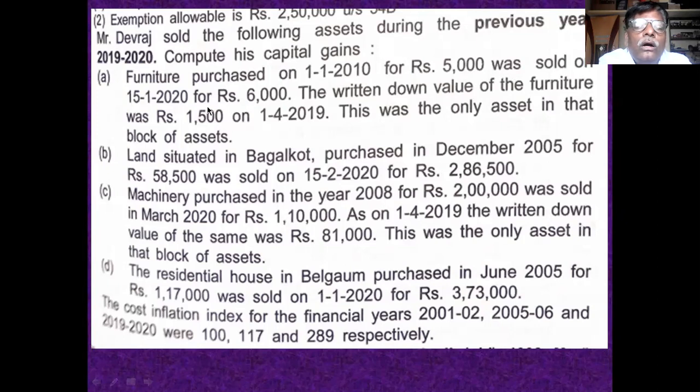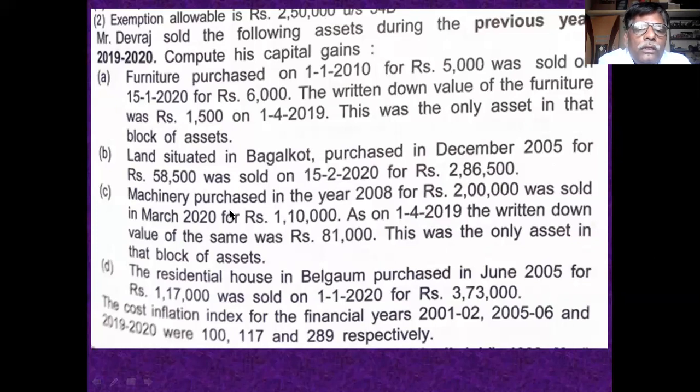And it is sold on 15/1/2020 for 6,000. Full value of consideration is 6,000. Then written down value is 1,500. Therefore, profit is 4,500.